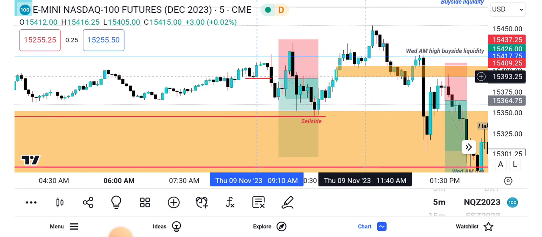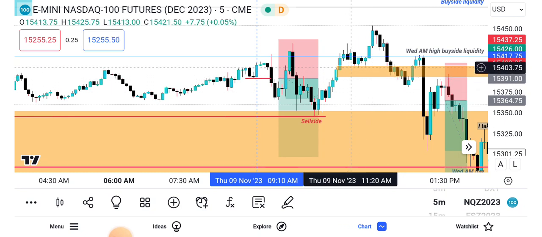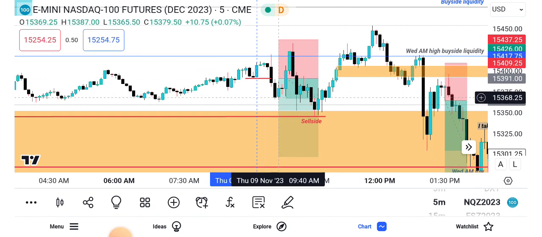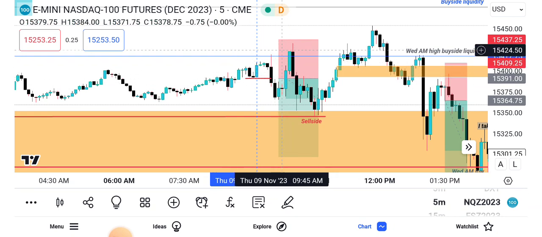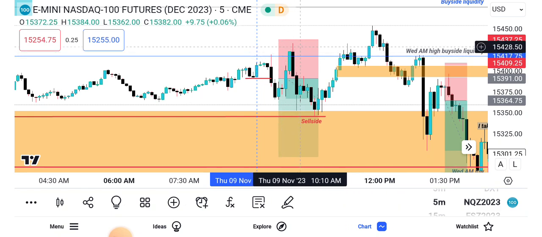So I entered there. You can see price rallied up higher here, because I entered at this fair value gap. Price dropped kind of low before it retraced and put me into the trade, then rallied up and cleared this buy side liquidity. You can see the emotion that I had there, like it has gone again for my stop loss.